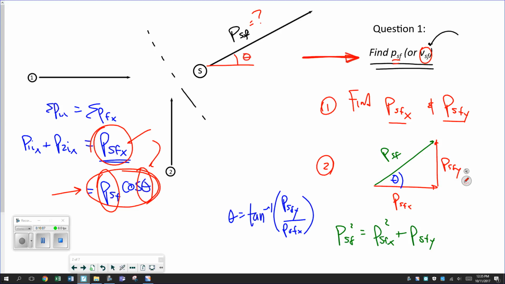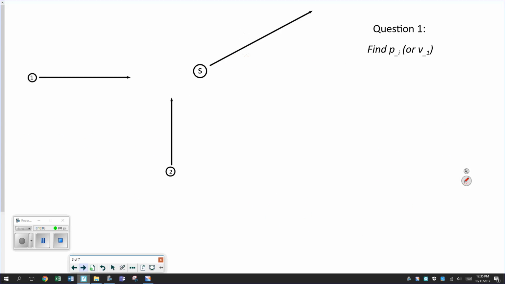Now, the other style of question, and again there are lots of different ways to do this, is when we're trying to find P1 initial or P2 initial or V1 initial, one of these things. They would have to tell you a known momentum and a known theta.